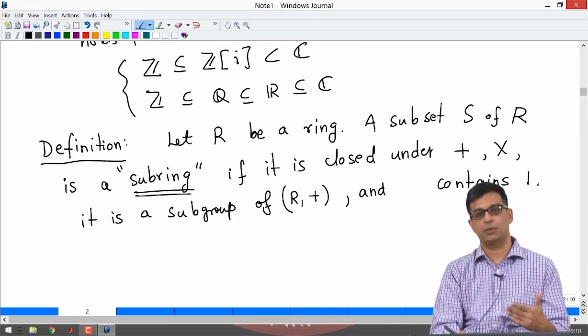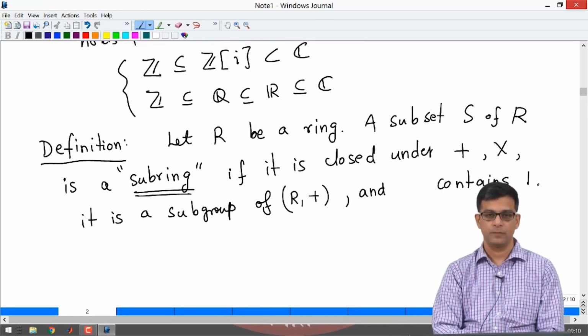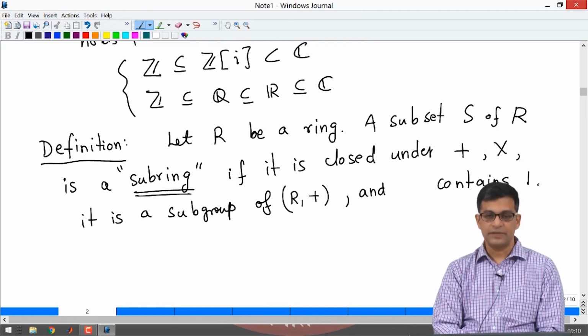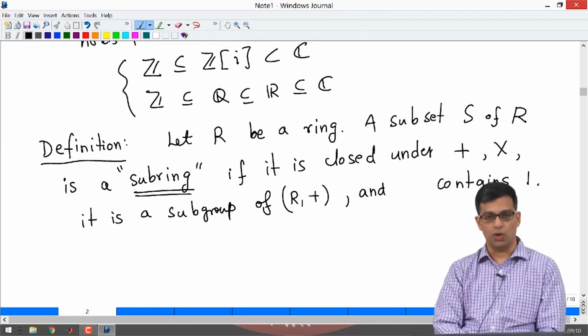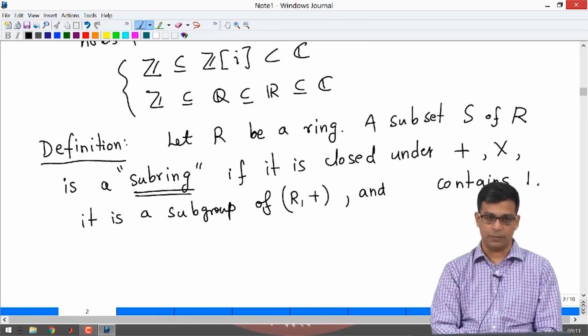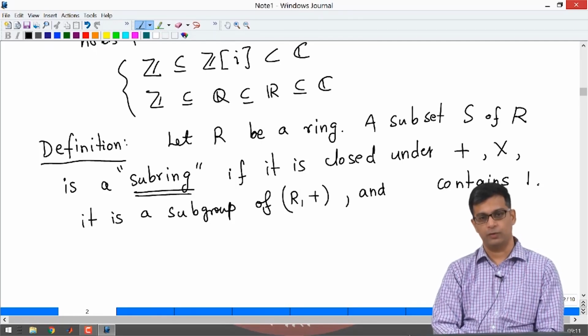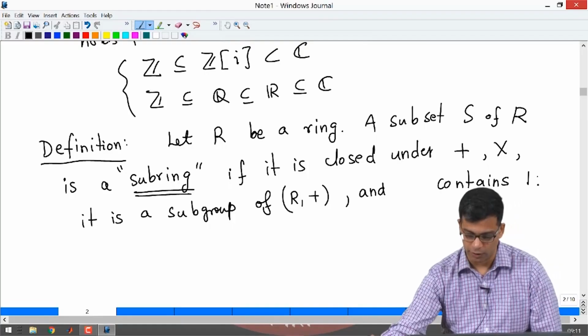So, the subring is supposed to contain the multiplicative identity. So, a subring is a subset that is closed under addition and multiplication, is a subgroup of the additive group of R, and contains 1.